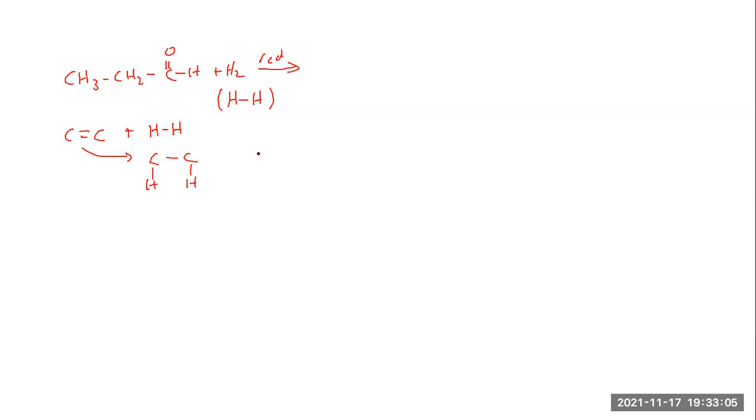The exact same thing happens when we do the reduction reaction going backwards, except it is not 2 carbons, but a carbon-oxygen double bond. So the exact same thing happens. Everything stays the same, except we make this double bond into a single bond to make room for each of these hydrogens to come in.